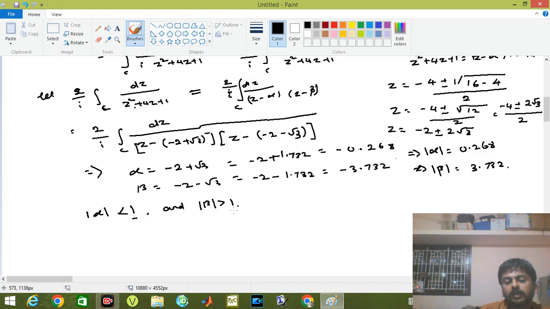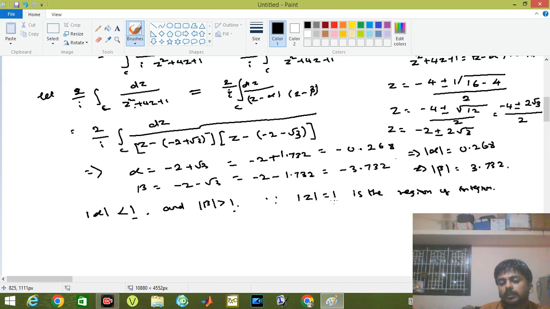Why have we tested this? Because modulus of z equal to 1 is the region of integration. Within this region the values would lie. This is the valid region of this integration.